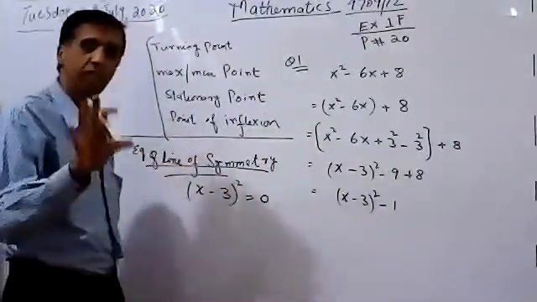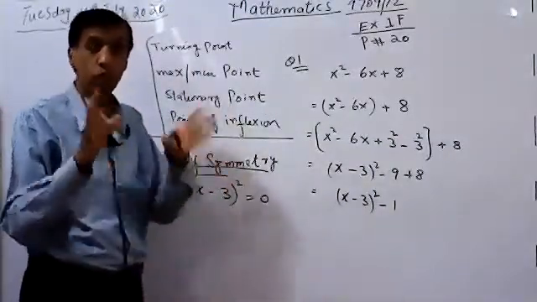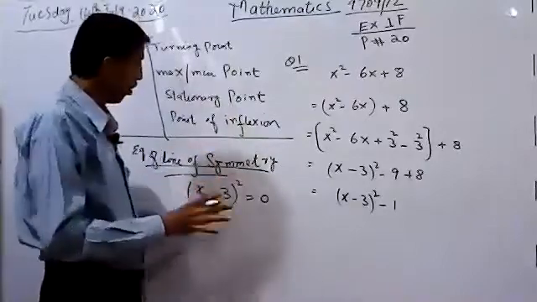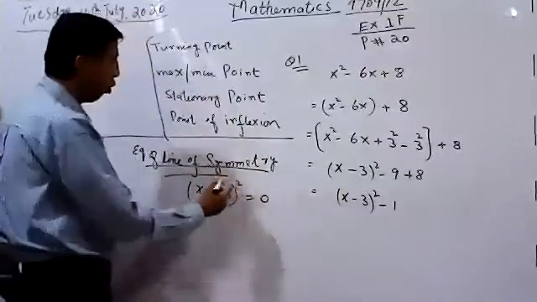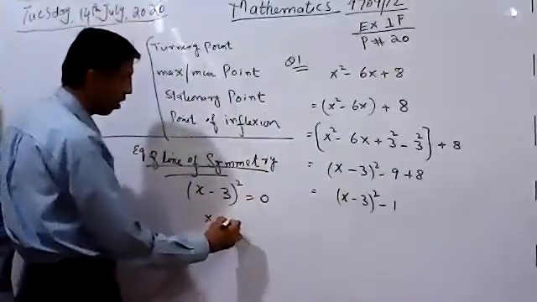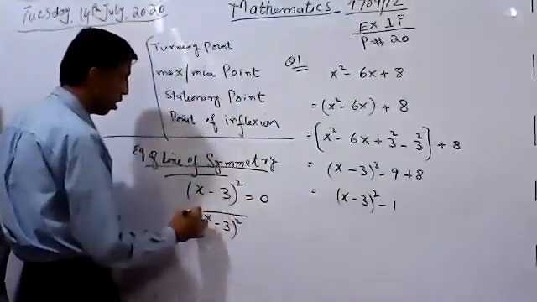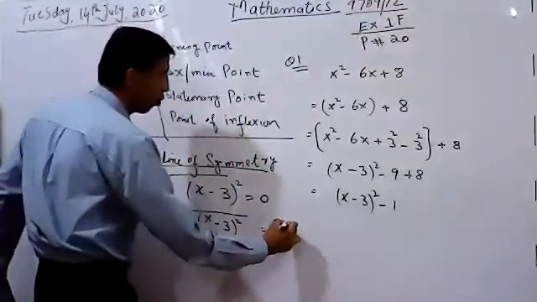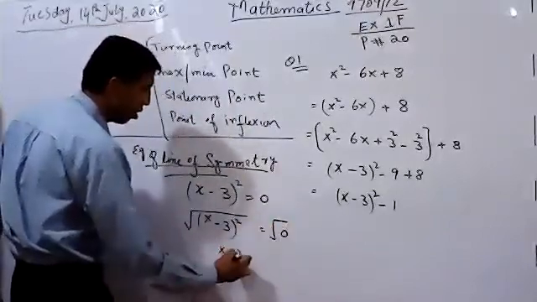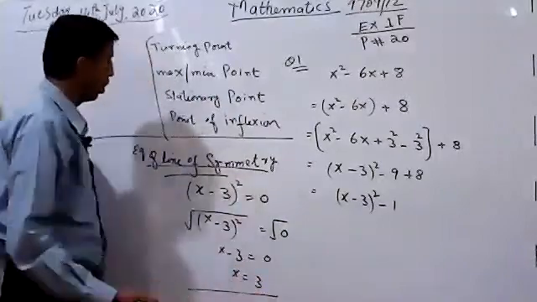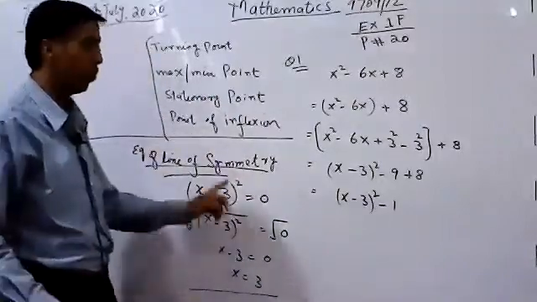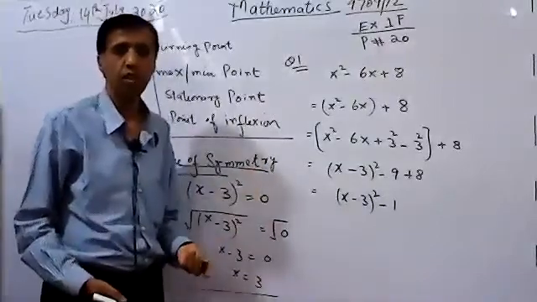Whatever whole squared value you have made in the form of x, you have to keep it equal to 0. Now how to remove this square? By taking the square root on both sides. And this would be the equation of the line of symmetry of this graph.